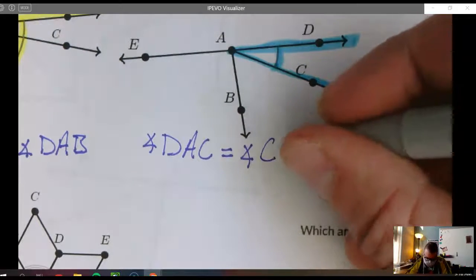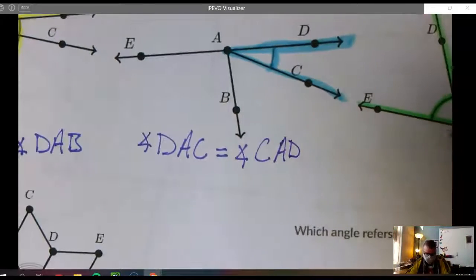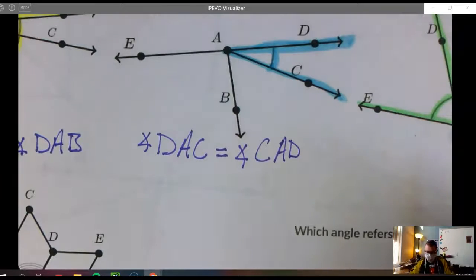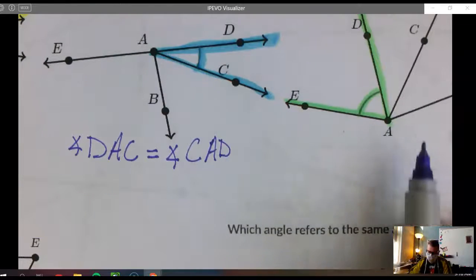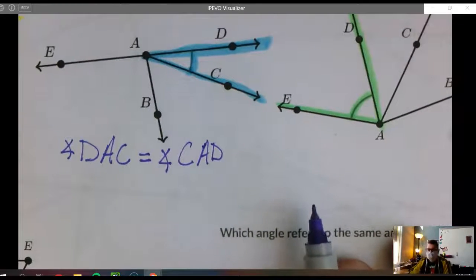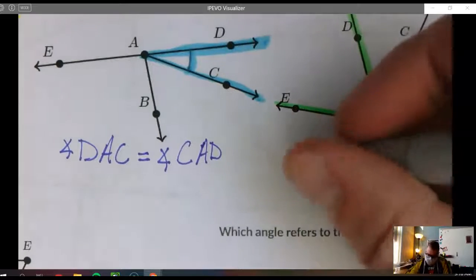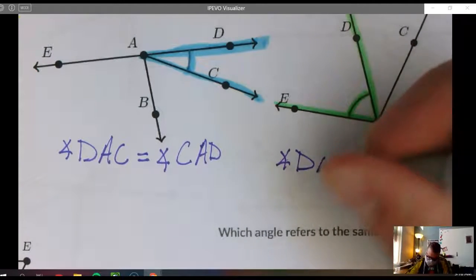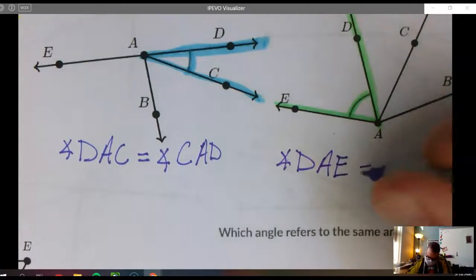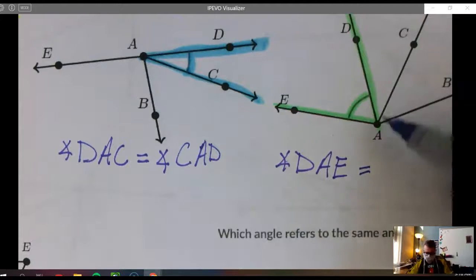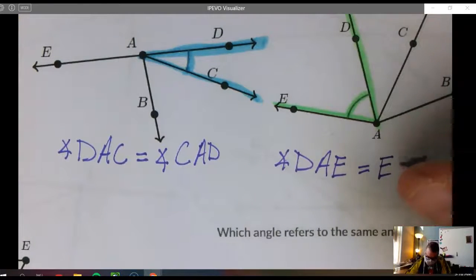Yeah, flip it around and do CAD. Same angle. Victor, what about the one I have highlighted in green over here? Yeah, DAE. Charlie, what's another way we could name that? Yeah, EAD.